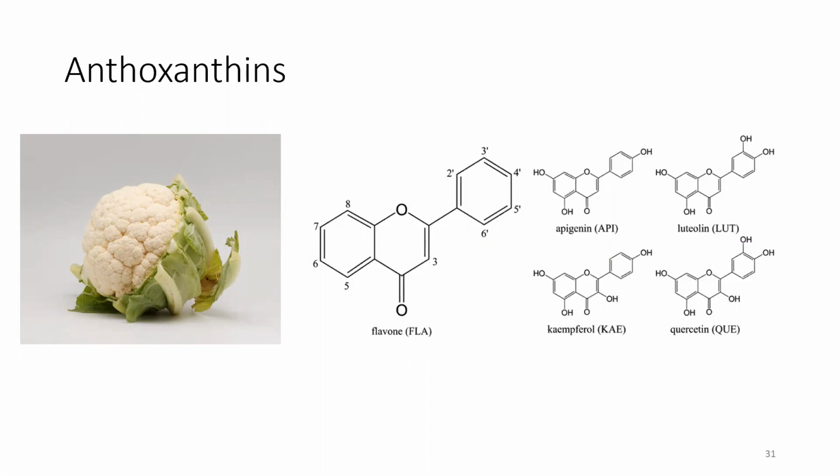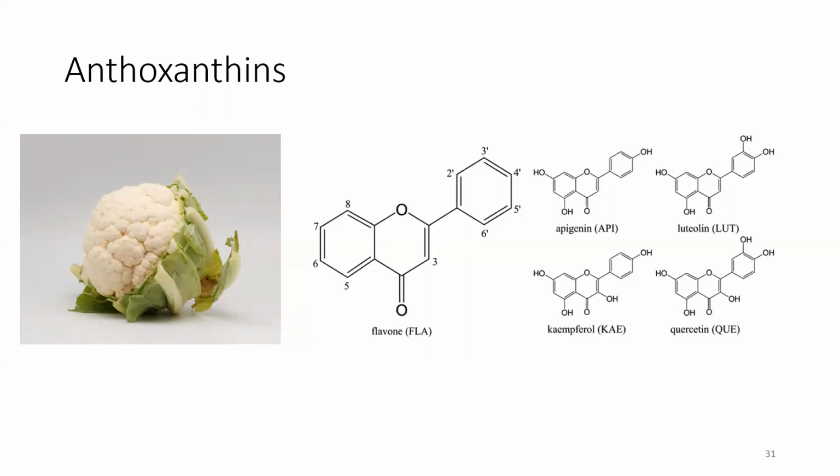So actually, these anthoxanthins are in a lot of foods that are green. So let's see. Broccoli, cucumbers, lettuce, green beans, spinach, parsley, celery. All of these things have a lot of anthoxanthins, but they have a lot of chlorophyll.